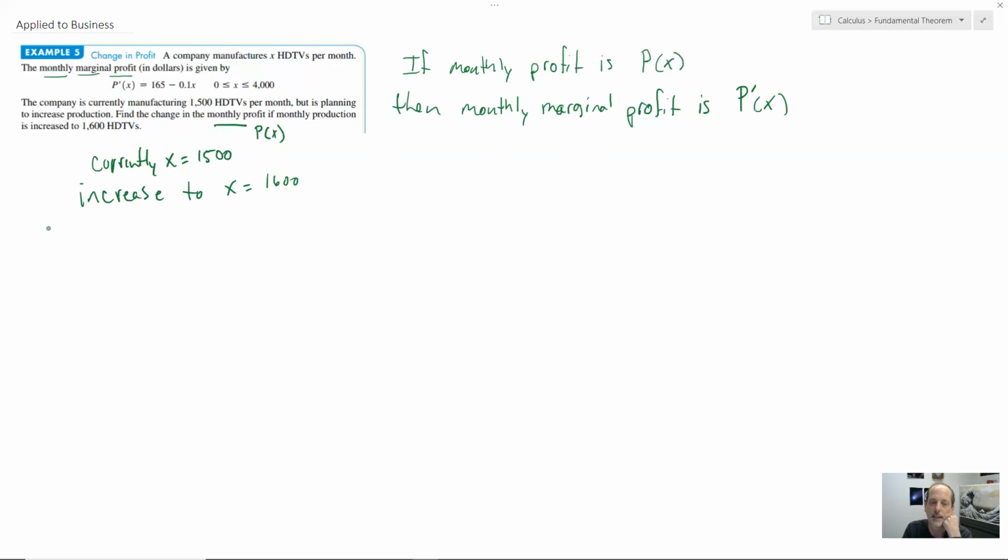So that would be P of the new monthly production, and how does that change from the old monthly production, 1,500?